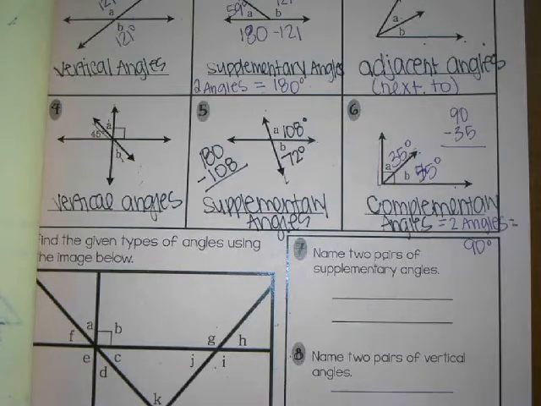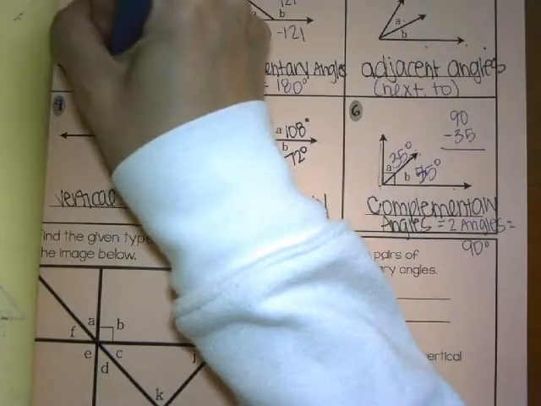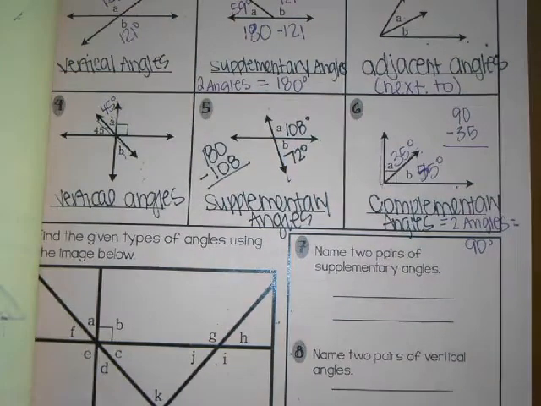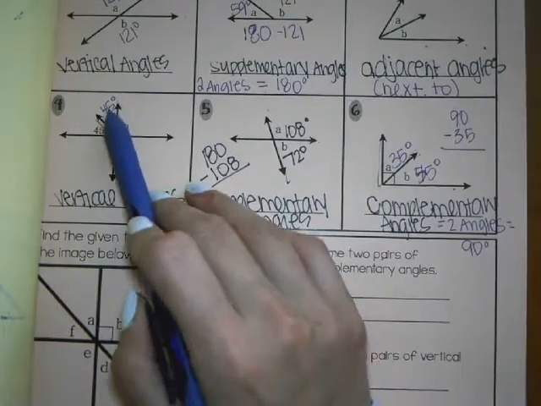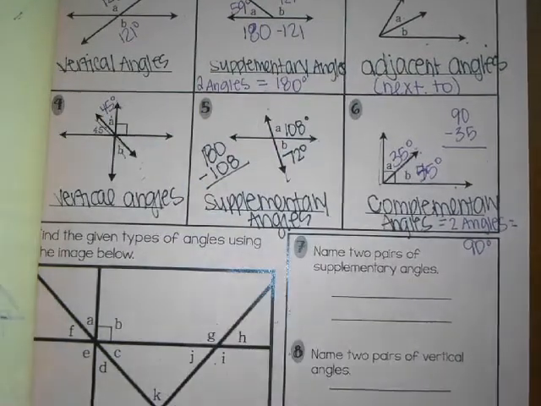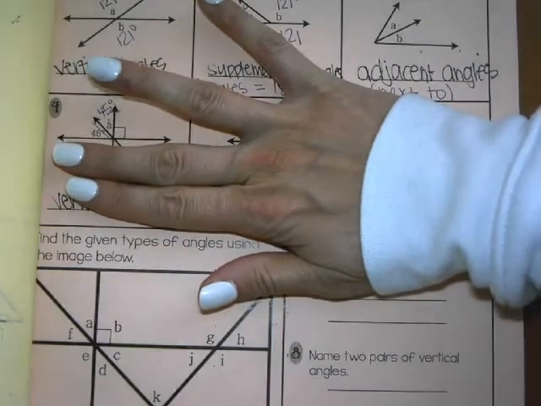What'd you get, guys? How'd you get 45 degrees? 90 minus 45. And if we did 45 plus 45 plus 90, what would we get? And is that what that straight line equals?